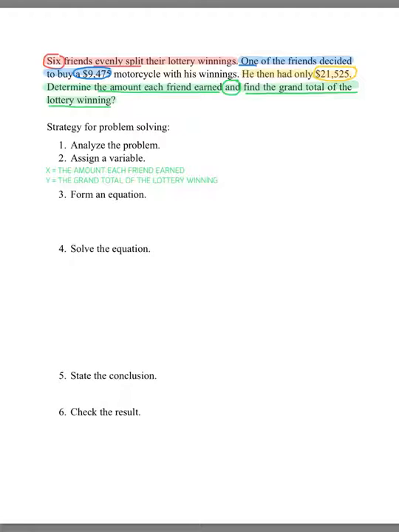So now let's talk about this one specific friend. He made the same amount that all the other friends earned, which is x. So that's how much this friend earned. And then we know that from that, he made a purchase. So we're going to subtract the purchase that he made, which is valued at $9,475.